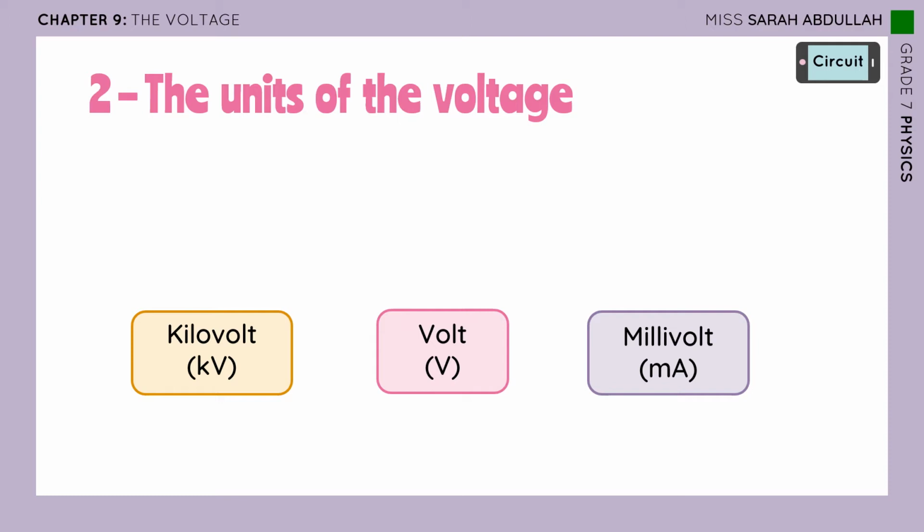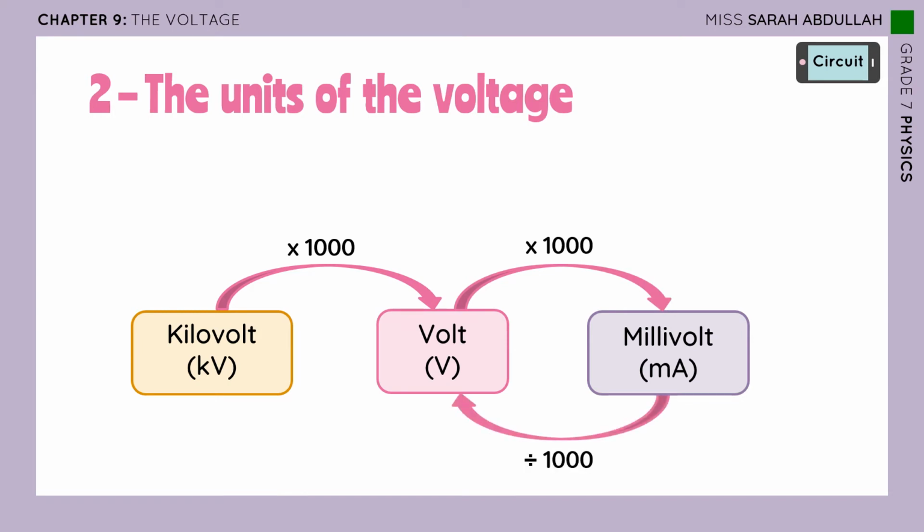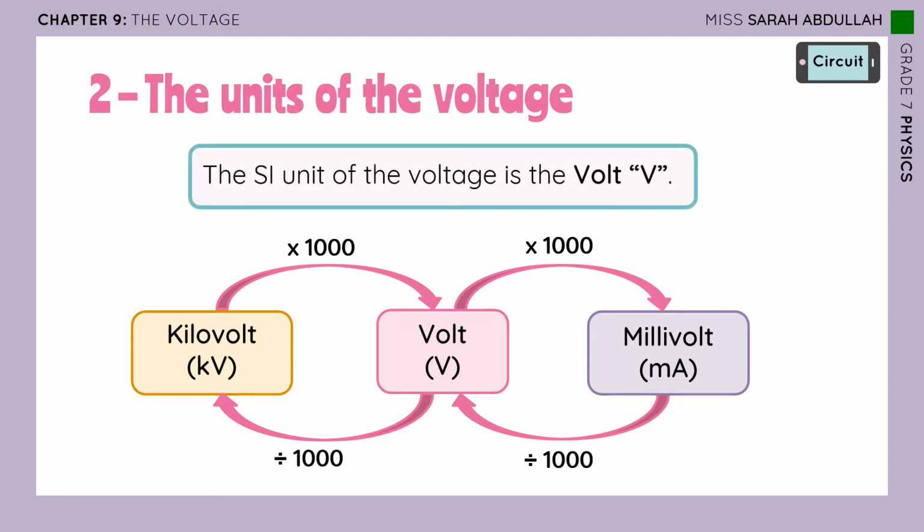Yes, there is, three actually: kilovolt, volt, and millivolt. Going from kilovolt to volt, we multiply by 1,000, from volt to millivolt by 1,000, and the other way we divide by 1,000. And the SI unit of the voltage is the volt. Its symbol is uppercase V.